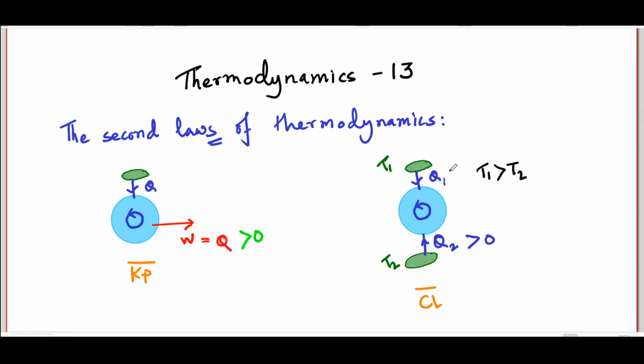Q1 here is exactly equal to minus Q2, simply because there is no work being supplied either to the system or no work is being done by the system. And of course the system goes in a cycle, so there is no delta U either.